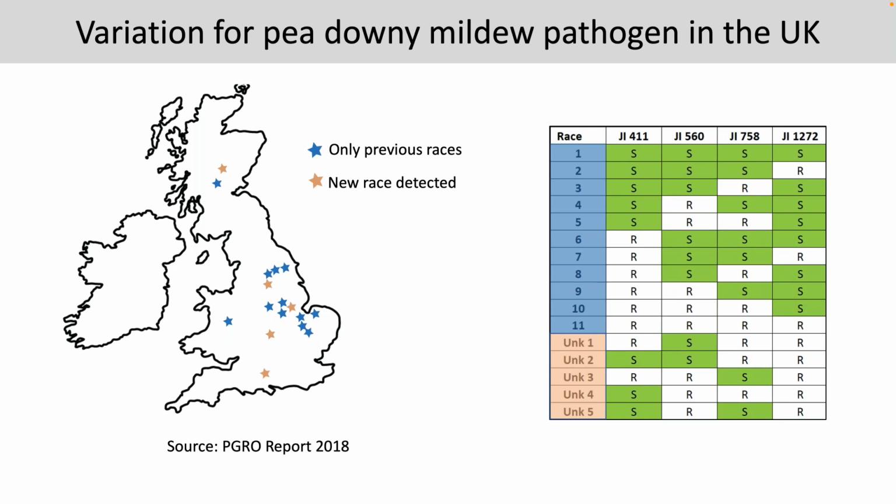This race structure indicates that new races evolve quickly, and as the pathogen evolves, we need new sources of resistance and to prepare our crop for the evolving pathogens.